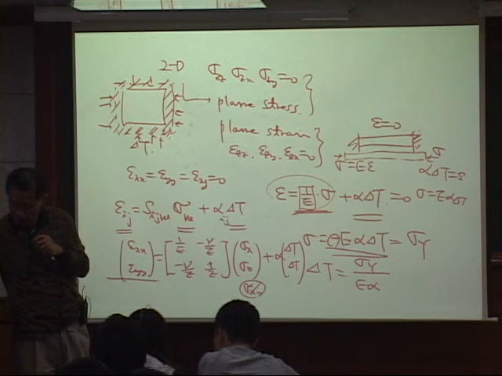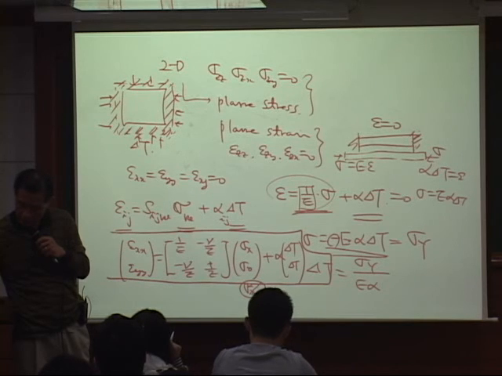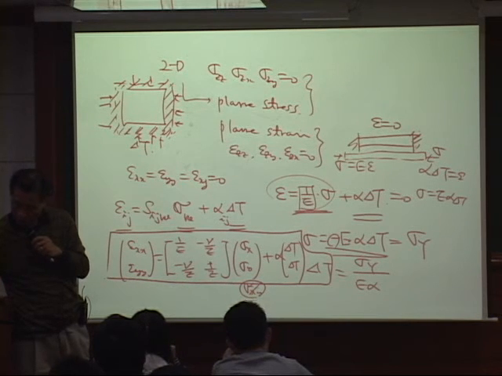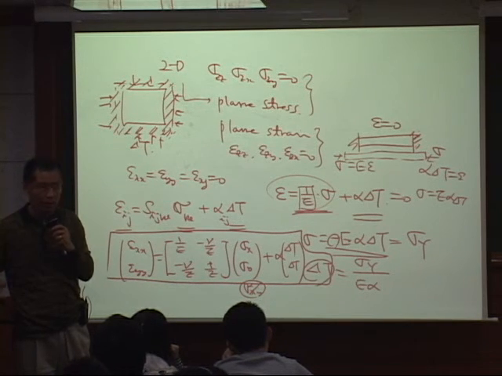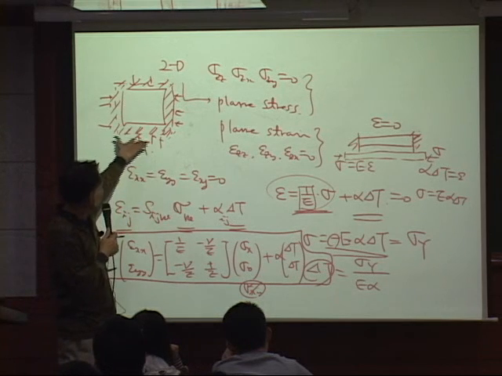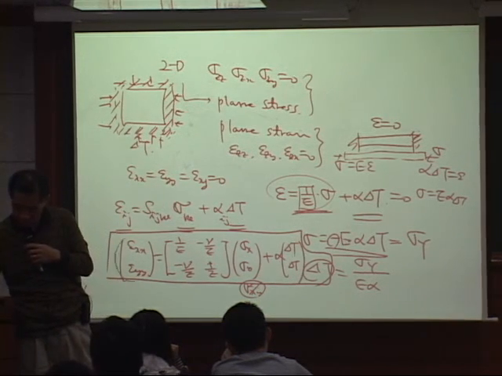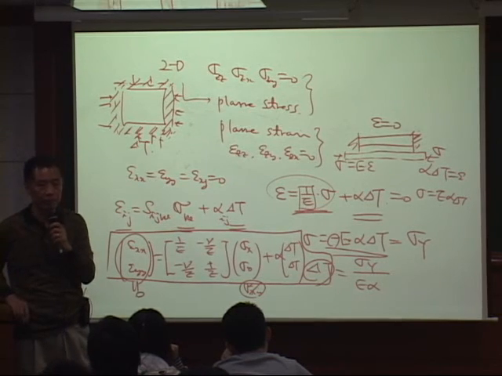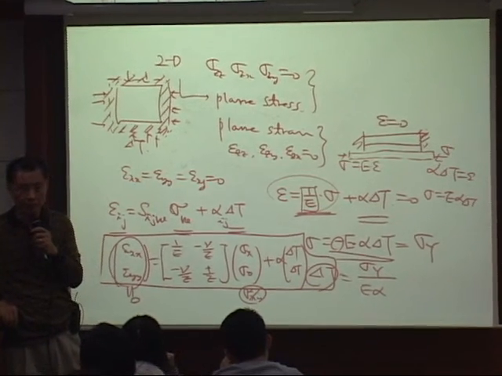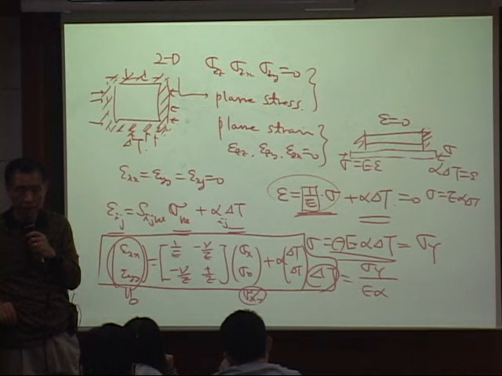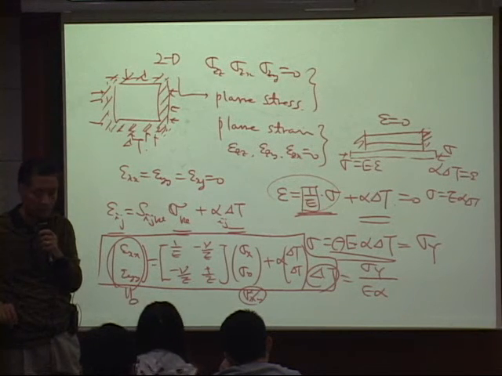So anyhow, this is the two-dimensional case, and when you apply delta T, as it says, constraint meaning there is no strain, which means that this term will be 0, right? Yes? Okay.